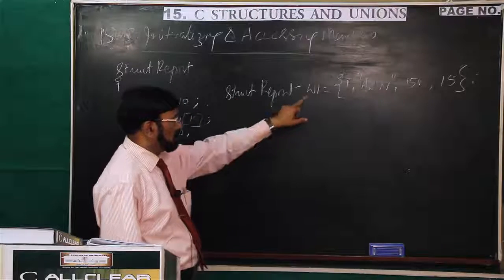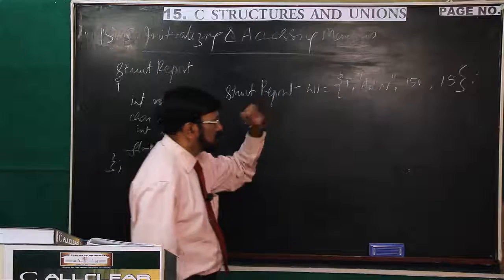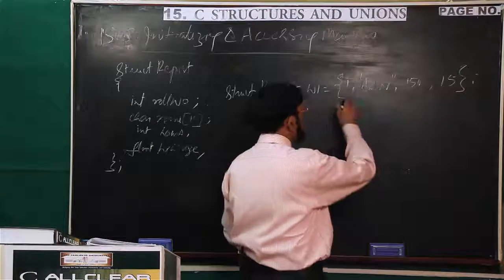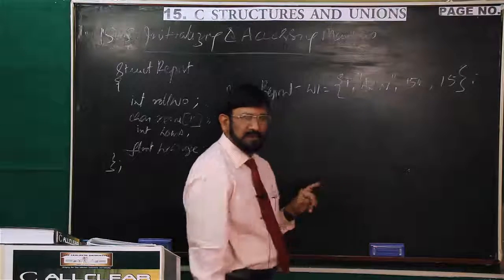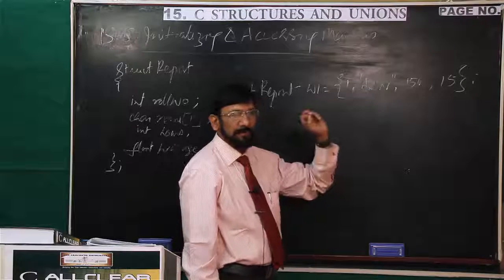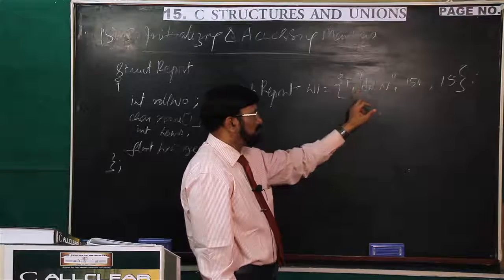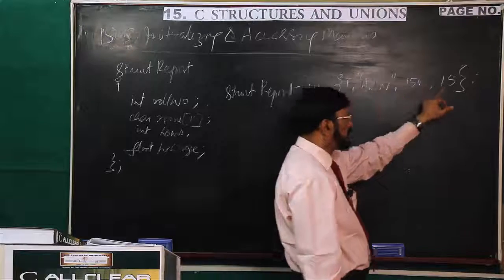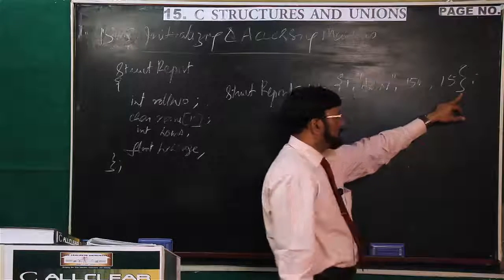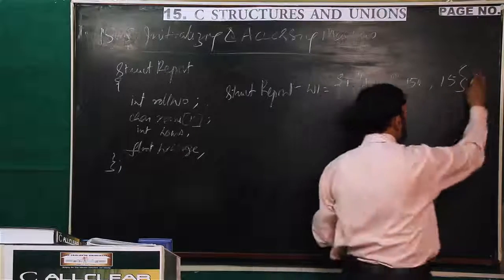Struct report worker 1 is equal to, and now you see the initialization procedure, it is almost like an array: 1, Arun, 150, 15. Thereafter the brace is closed and a semicolon.